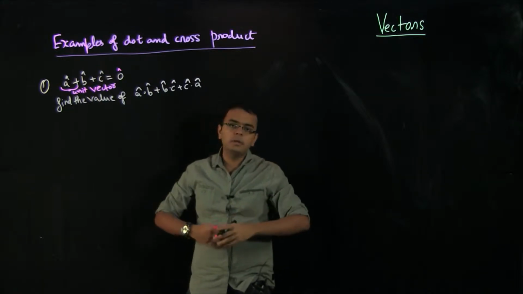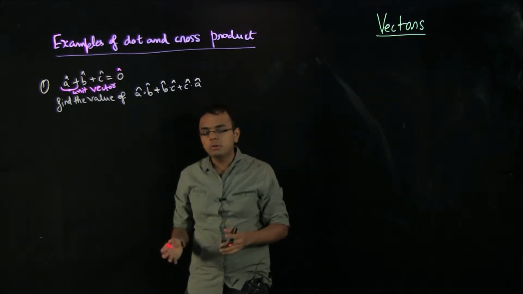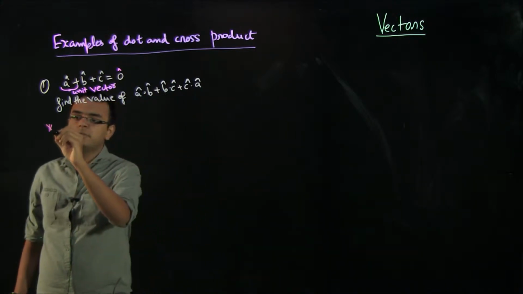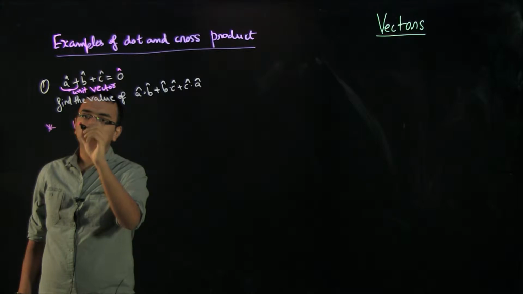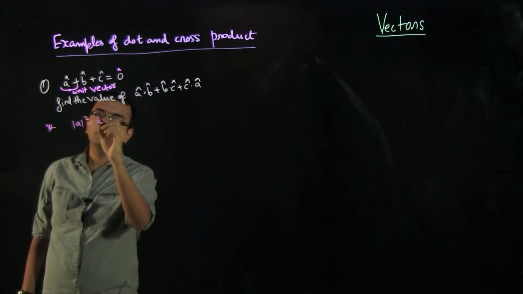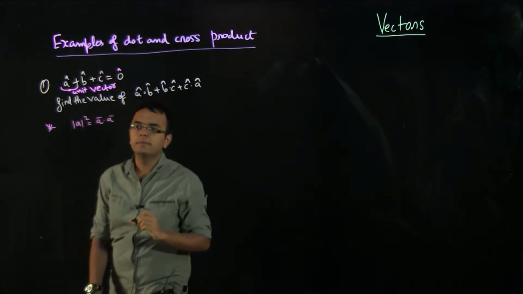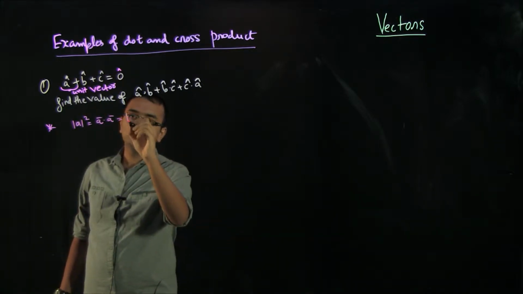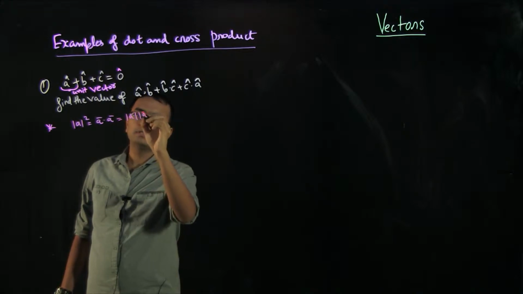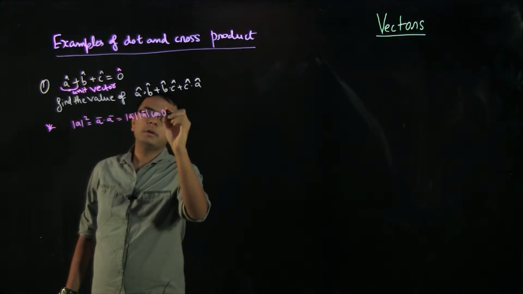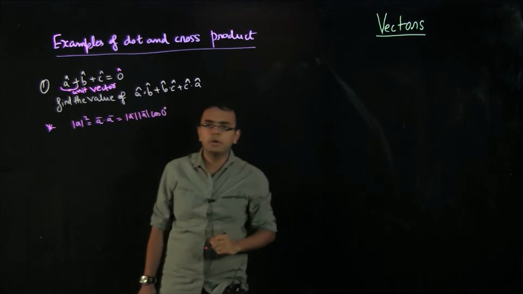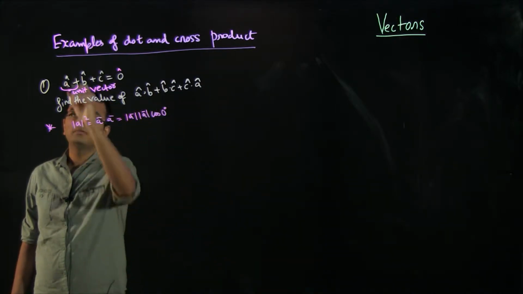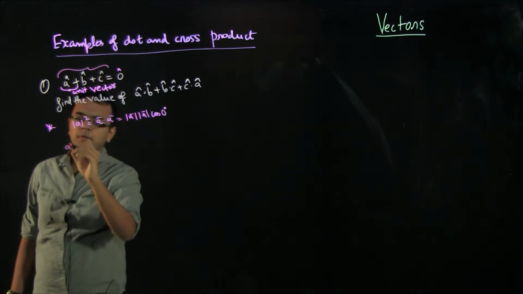So this is something you probably know already, or you probably don't know yet, so you should remember this as a rule. We have discussed this before also, that mod a square is equal to a dot a, and that happens because the angle between a and a is 0, so mod a mod a cos 0, that's why it becomes mod a square. We can do the same thing for this vector a cap plus b cap plus c cap.